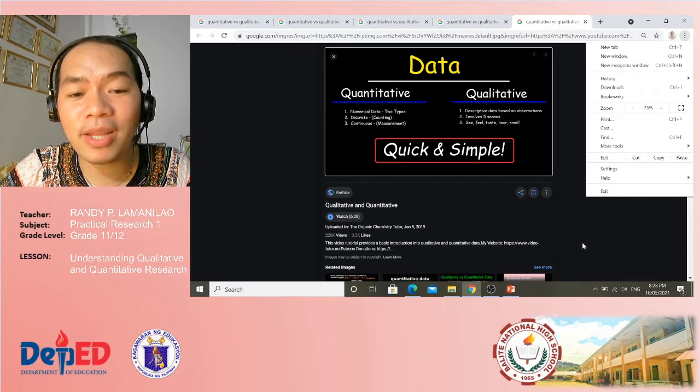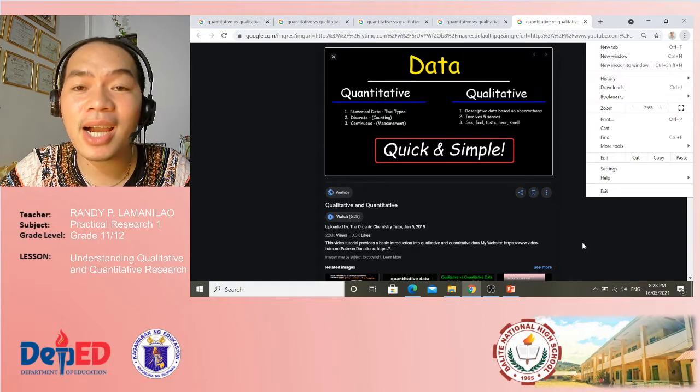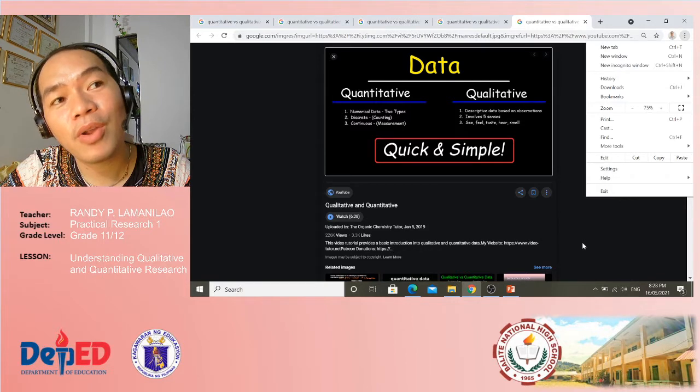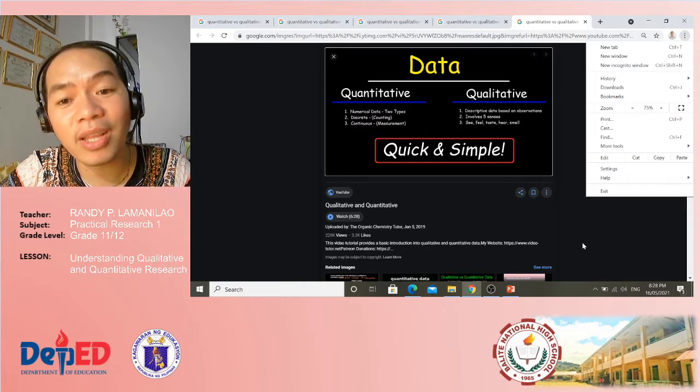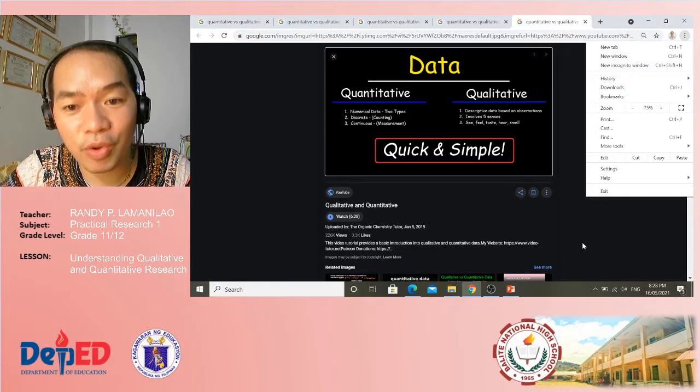Pero kapag qualitative, kung numero yung pinag-uusapan ng quantitative, para ma-interpret yung results, sa qualitative, meron kasing descriptive din. Descriptive data based on the observation of the researcher. Okay? Kung anong observations niya, sinusulat niya yon. Kung paano yung sinabi ng pagkasabi ng interviewee, yun yung sinusulat ng interviewer.